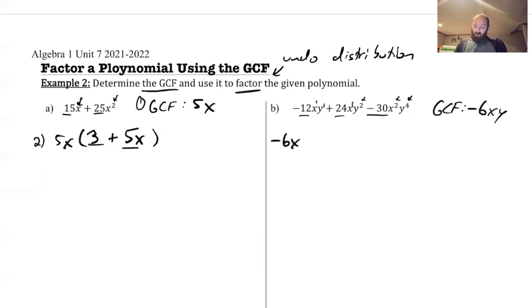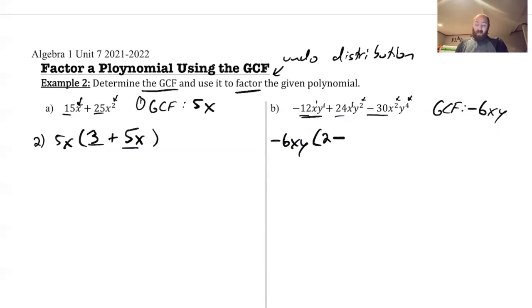Step 2, let's rewrite this. So negative 6xy. From this one, I've got negative 6 would be multiplied by a positive 2. And then x and y would just multiply by nothing. In this case, it would just still be multiplied by that 2. So that's actually done. Since I'm taking out a negative here, and this is a positive, remember, I'm thinking about this in terms of distribution. This times something gives me a positive 24.